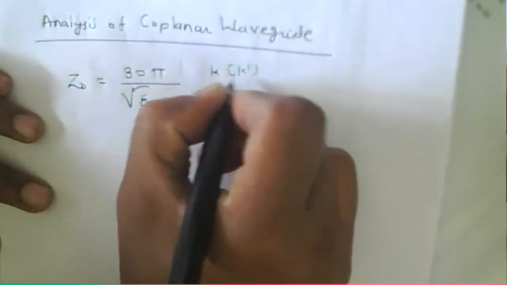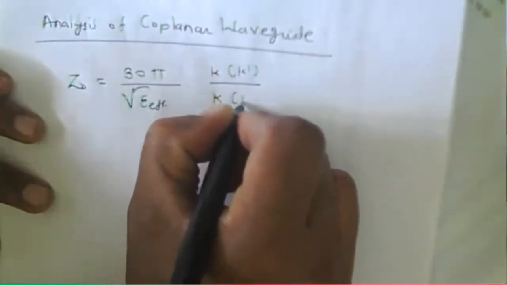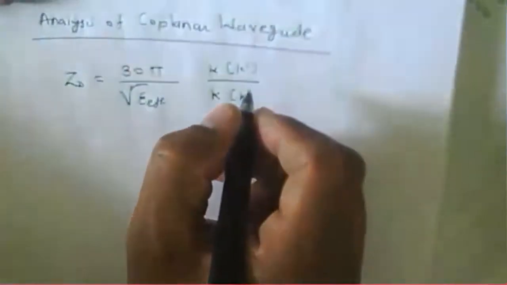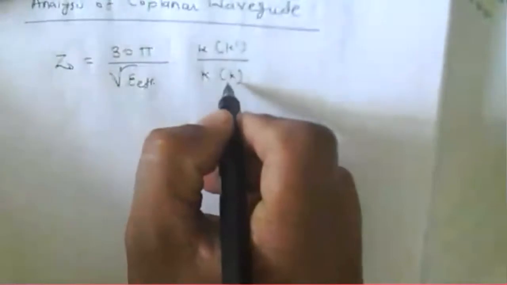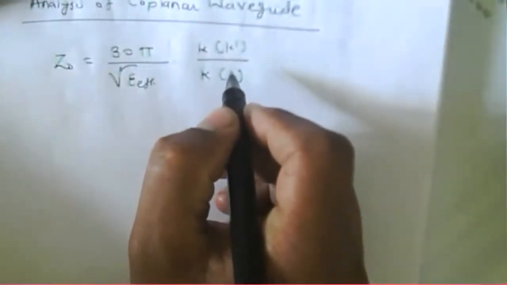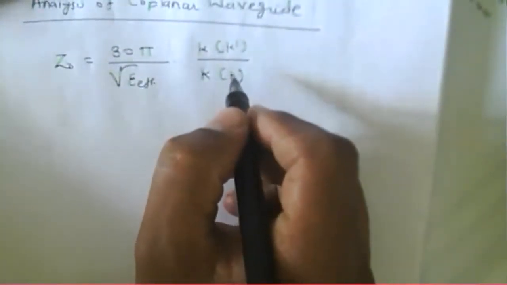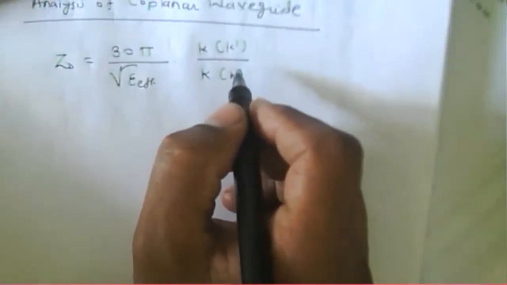So the characteristic impedance Z0 is equal to what? 30 pi divided by square root of epsilon effective, into K of k dash over K of k.